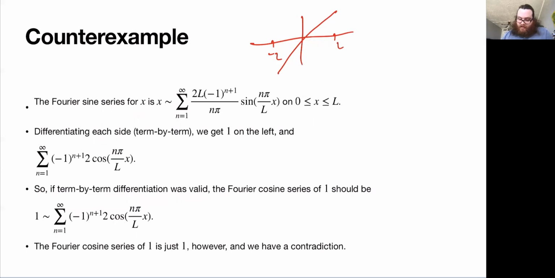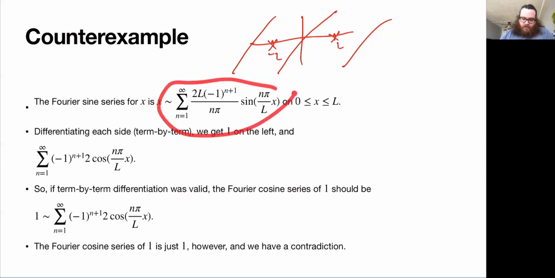Then copy the profile over and mark an x at all the points of discontinuity, where the value of the Fourier series is going to be the average of the left and right limits. Okay, so this is the Fourier series that we're working with here. This is a sketch of that series.